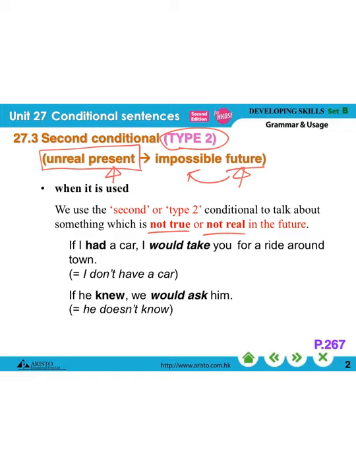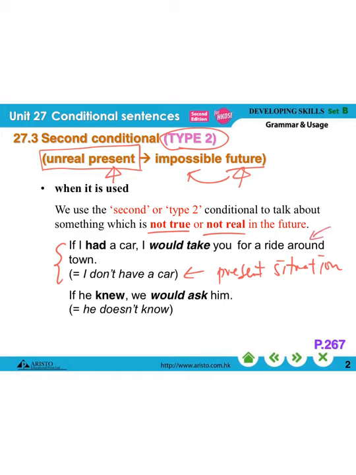Okay, so let's take a look at these two examples here. If I hired a car, I would take you for a ride around town. Why do we use conditional type 2 here? Because of the present situation: I don't have a car. So this is just based on my imagination.